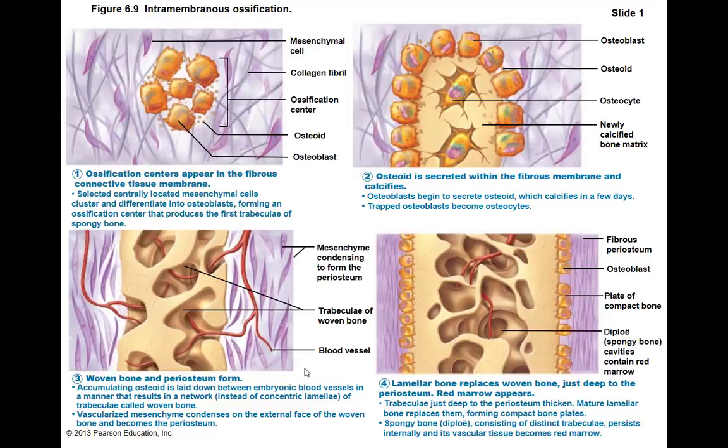It will start to pick up calcium and calcify, and they'll continue to secrete more and more until we start to get new tissue, all of this tan tissue. This is all this new calcified matrix. Osteoblasts are still making more, and we start to get a few osteocytes as well. What do osteocytes do?